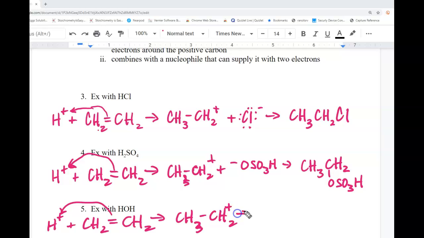There's our positive. This time what we're going to add to it is the OH, which is the negative over here by the oxygen. That's our nucleophile, and we end up with CH3CH2OH. That is the kind of thing that you're going to see for alkene reactions, everybody.